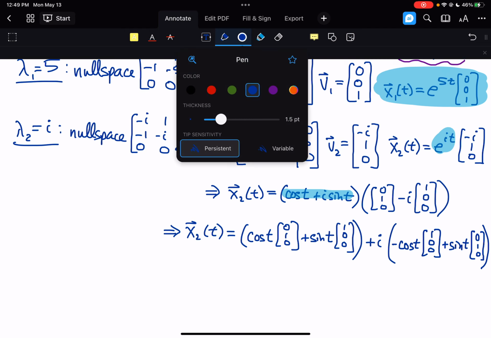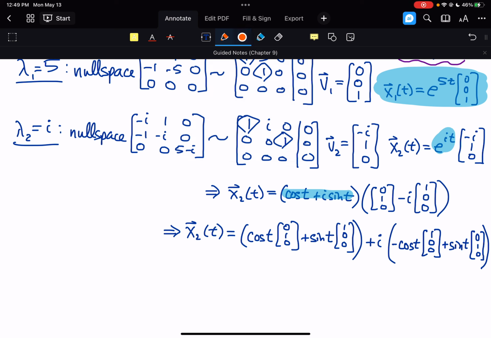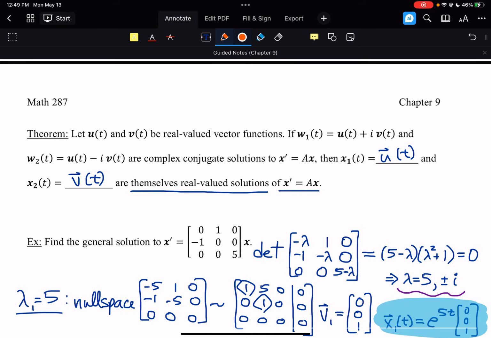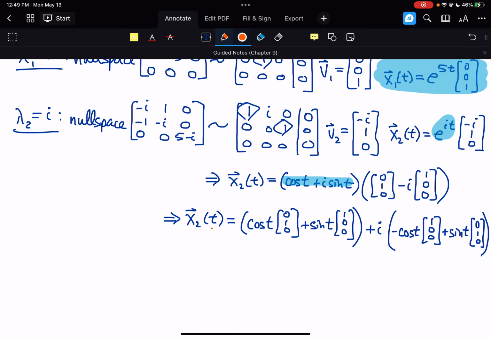So what we have here now is this form of like a plus bi. But if we look back, that is u of t plus i v of t. So instead of using this whole thing as one solution, we're going to use these two separate pieces as two separate solutions. So these will be our solutions.